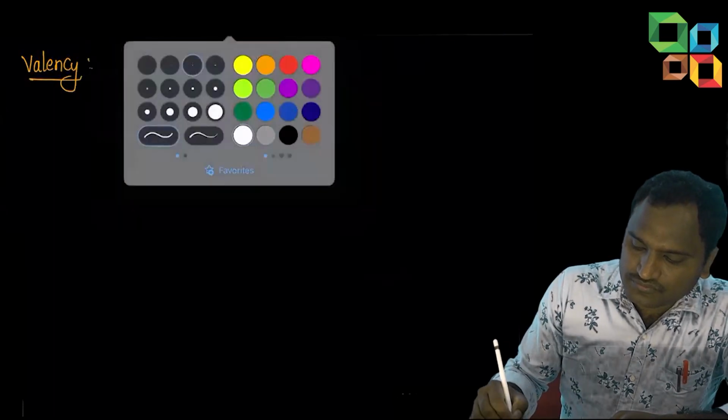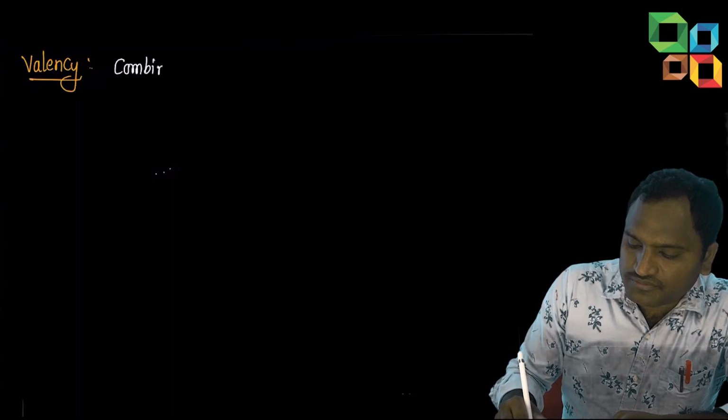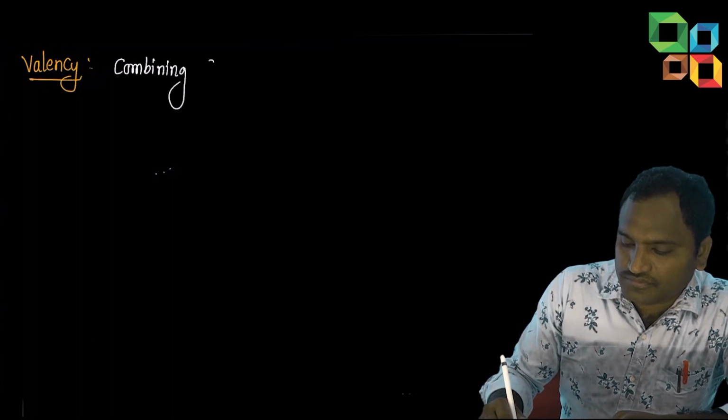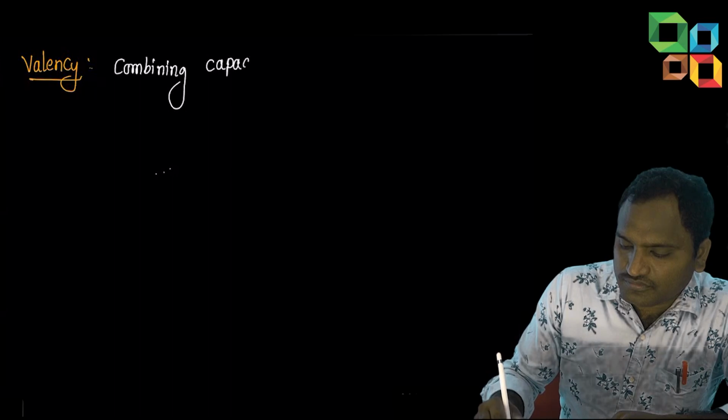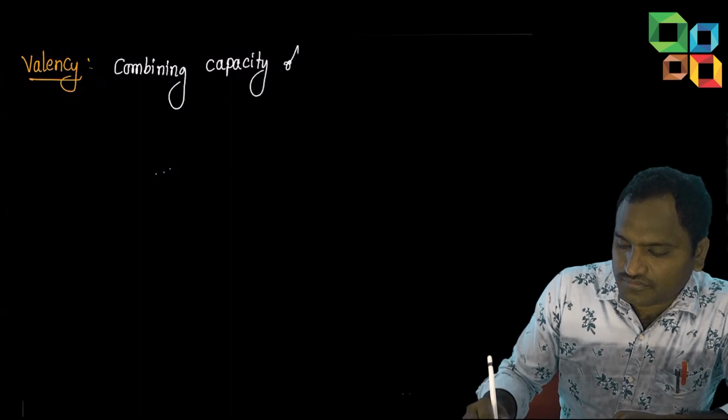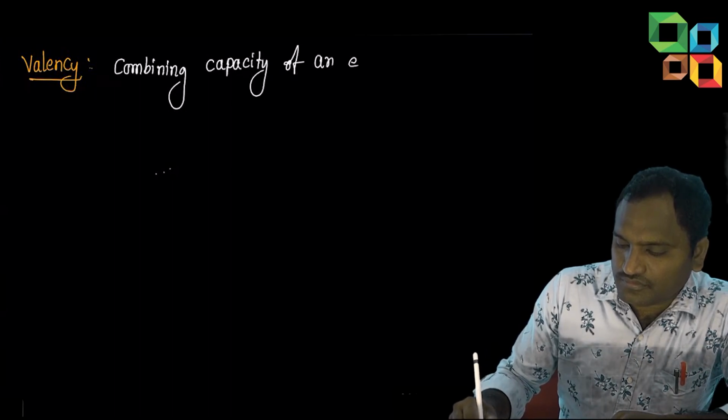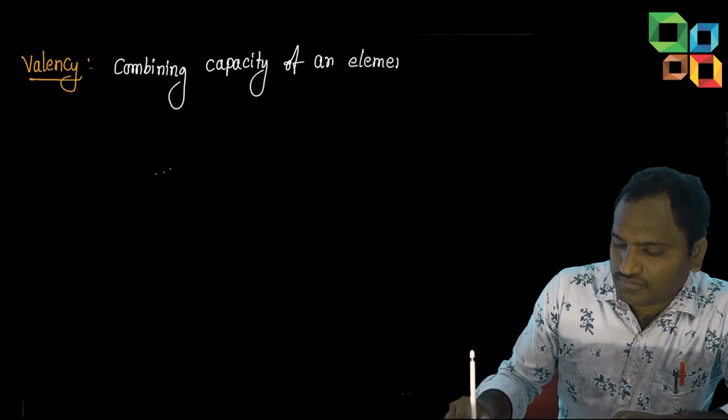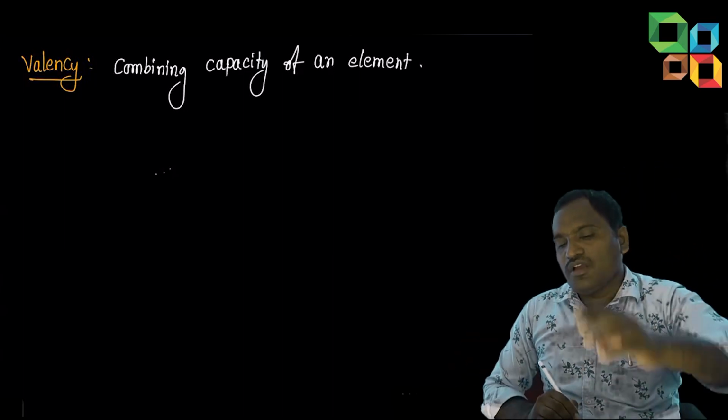Next, valency. Valency is also a periodic property because it changes from period to period and group to group. Combining capacity of an element is called valency.